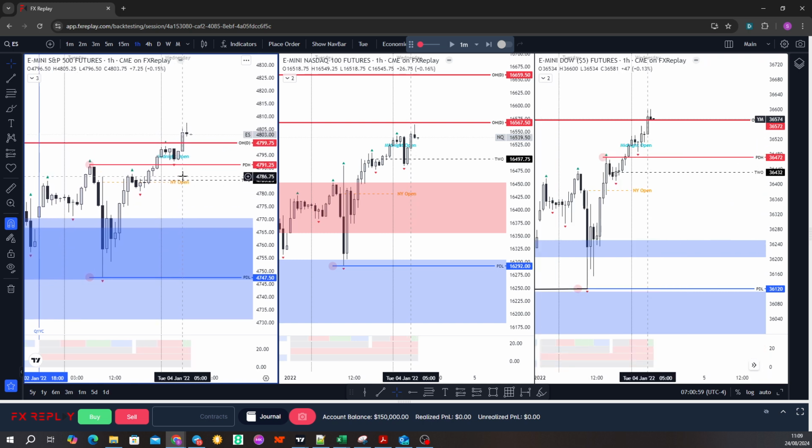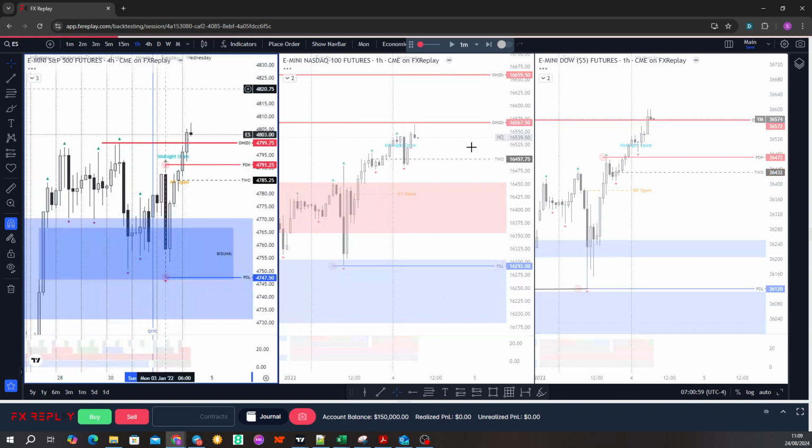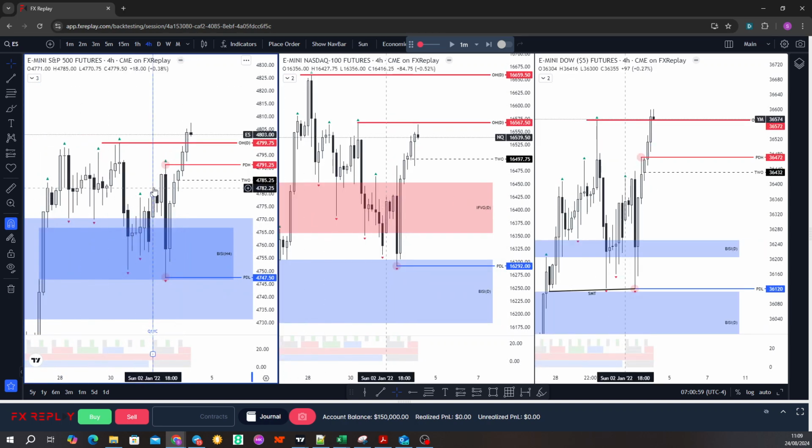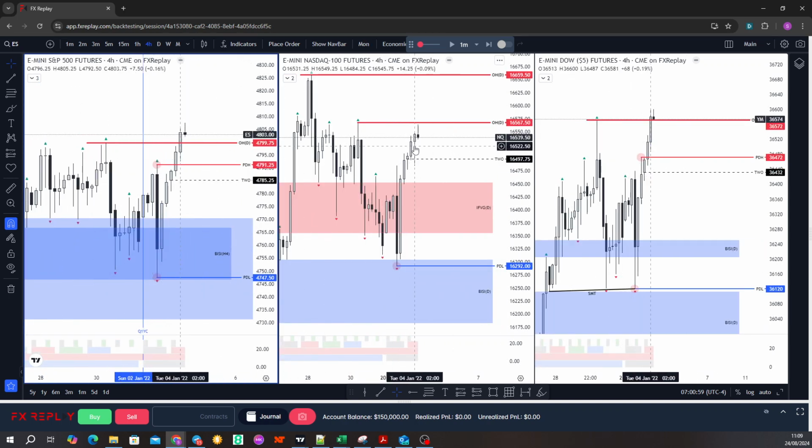Okay. Right. So, as I said, looking at the H4, NQ did not form a swing high, so we didn't have a clear swing high.